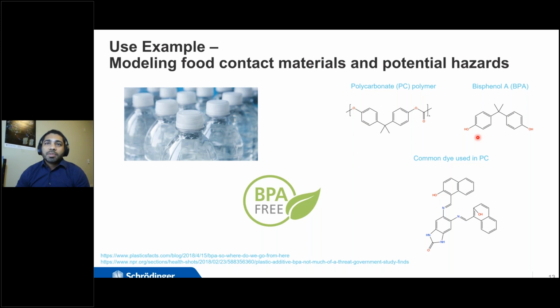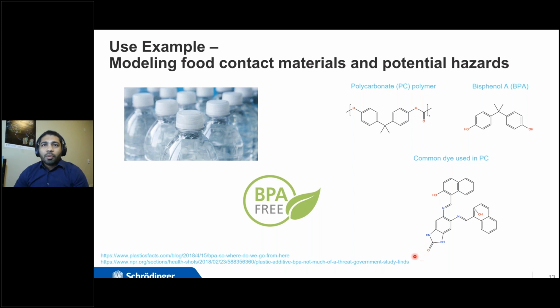So we don't want this chemical to be leaching out from the container into our food or into our beverages. So in this work, we are trying to understand, using simulations, the leaching behavior of BPA from the plastic bottles to the solution or beverages that we have.